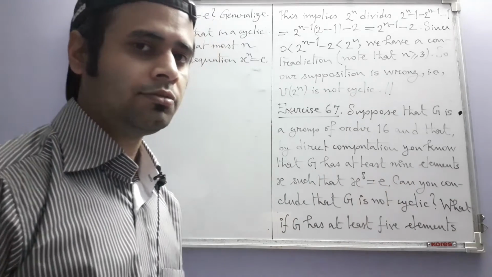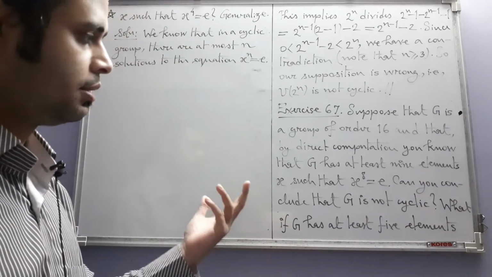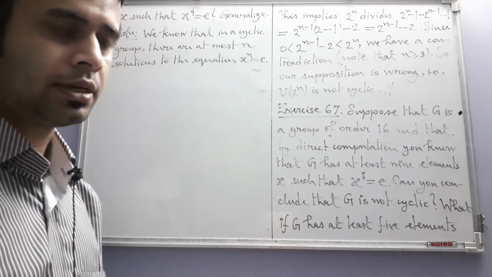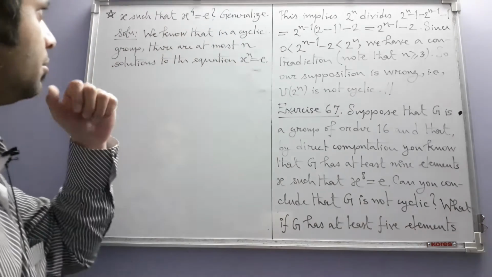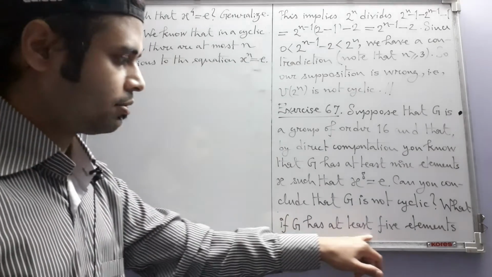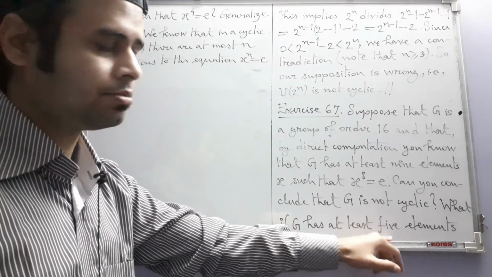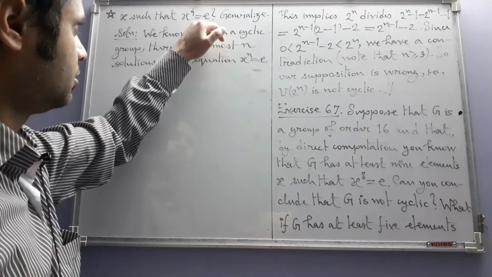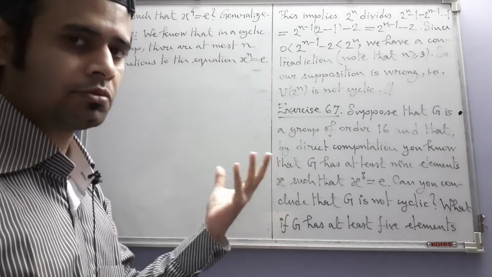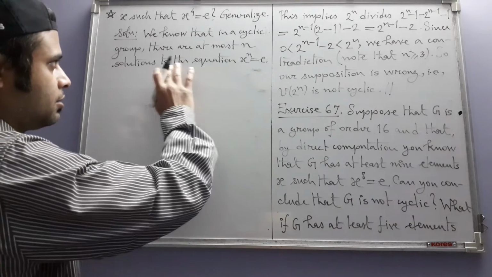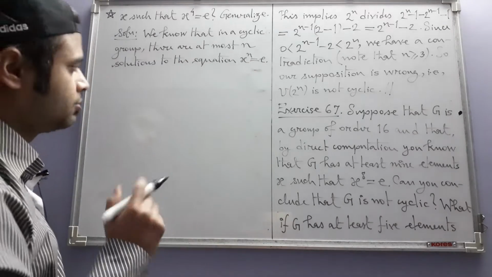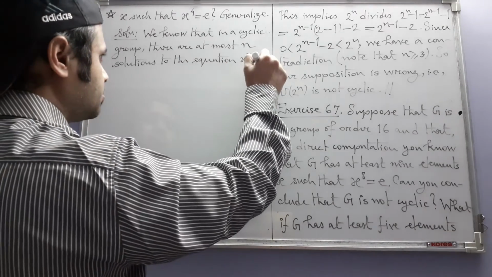So existence of at least 9 different solutions tells us that the group cannot be cyclic. The same conclusion is to be drawn here also, because if we have found at least 5 different elements that satisfy this equation, then by this fact it cannot be cyclic again, and this is the general situation in which it cannot be cyclic.